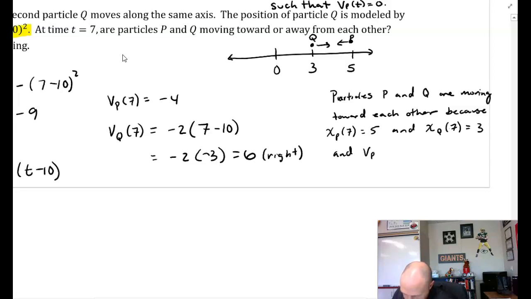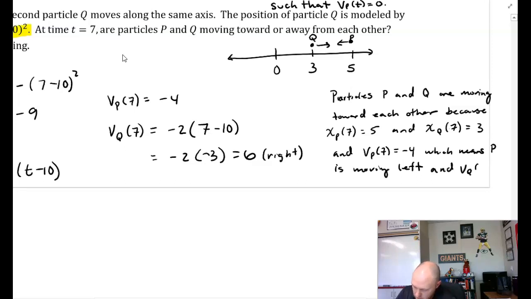And v of p of 7 is equal to -4, which means p is moving left. And v of q of 7 is equal to 6, which means q is moving right. Okay, and there's our justification.